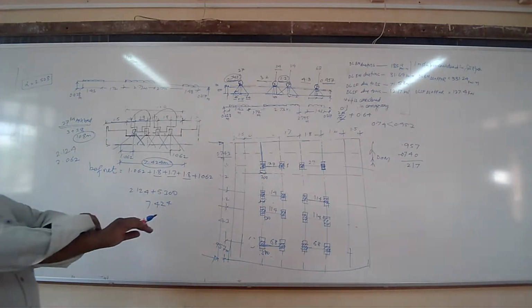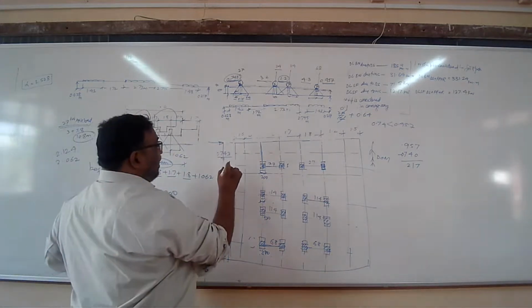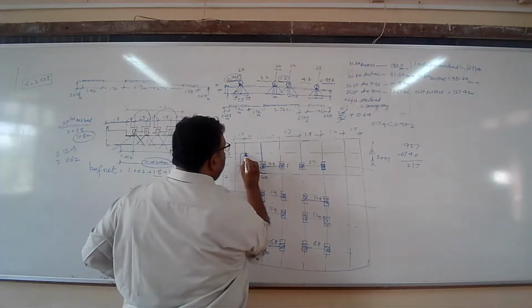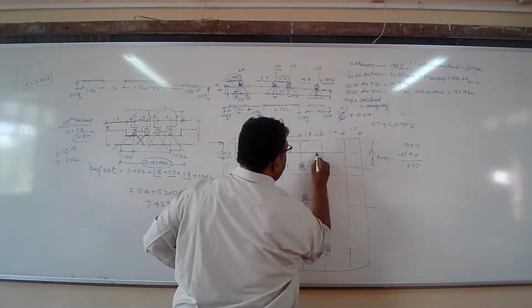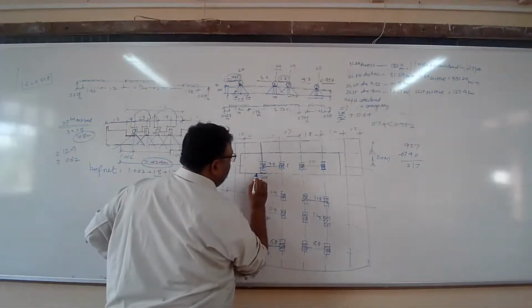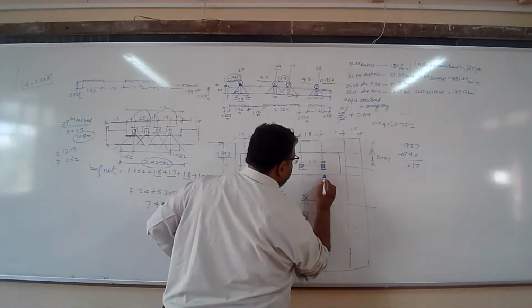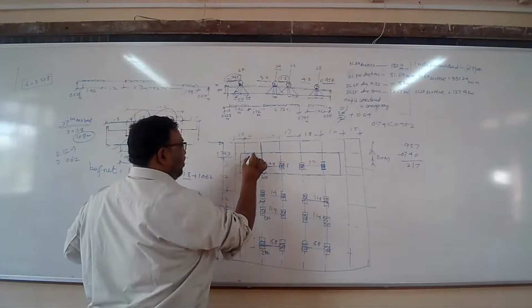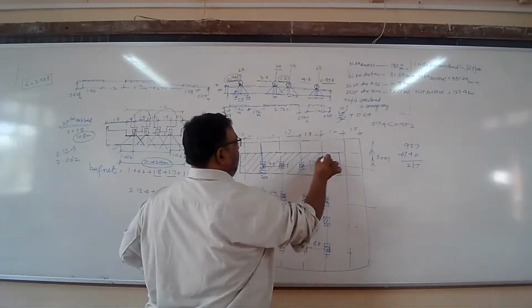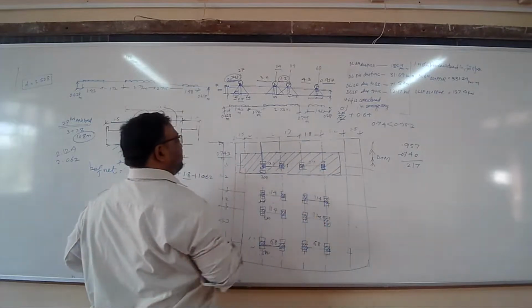So here I have got the dimension where the effect of this load will be. It is here, it is not going into the footpath. This is the area on which the effect of this load is. This load is going to affect this area. Is it right?